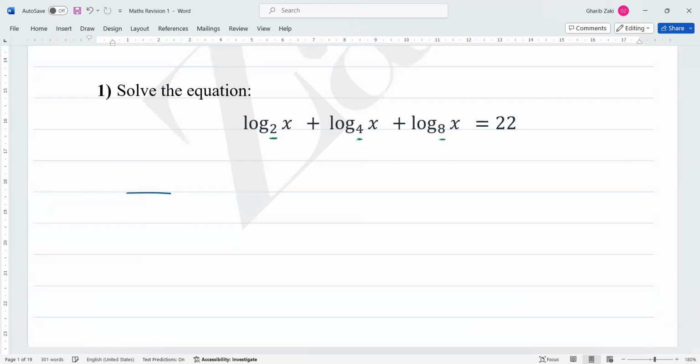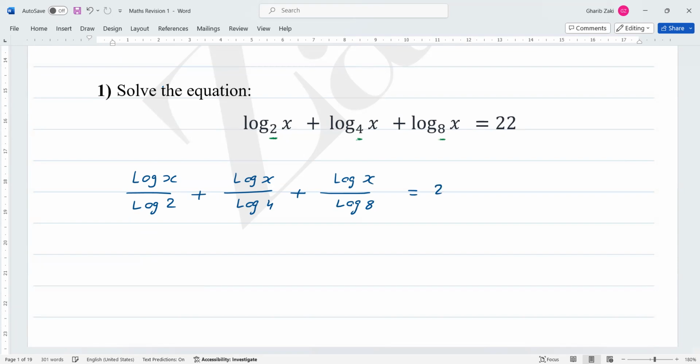So we rewrite log x to the base 2 as log x over log 2, plus log x to the base 4, changed to the base 10, is log x over log 4, plus log x to the base 8, it's log x over log 8.